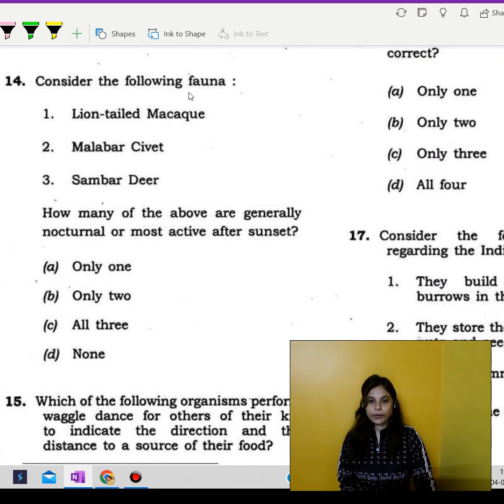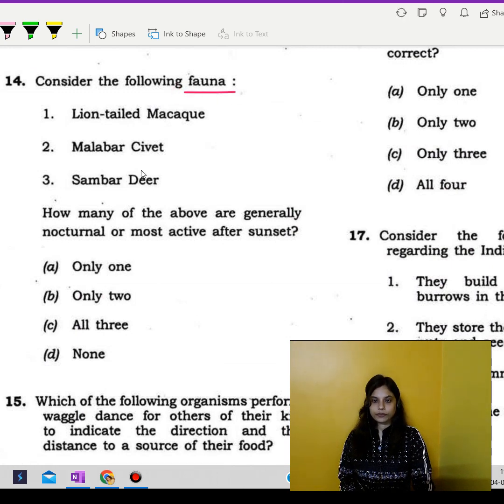Consider the following fauna. They have told to consider the following fauna: lion-tailed macaw, then Malabar civet, sambar deer.